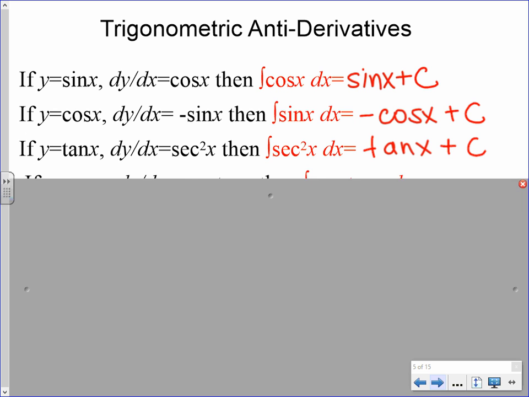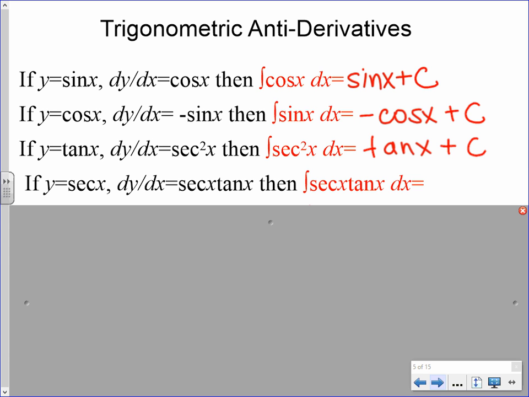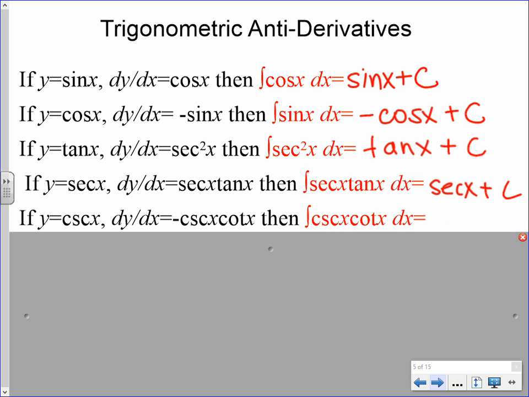We know the derivative of secant is secant tangent, and so the antiderivative of secant x tangent x is secant x. Similar rule, the derivative of cosecant is negative cosecant cotangent.